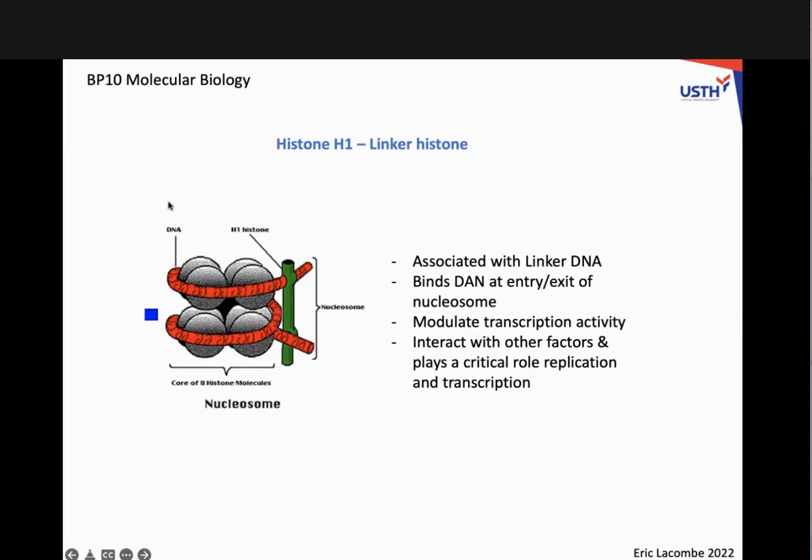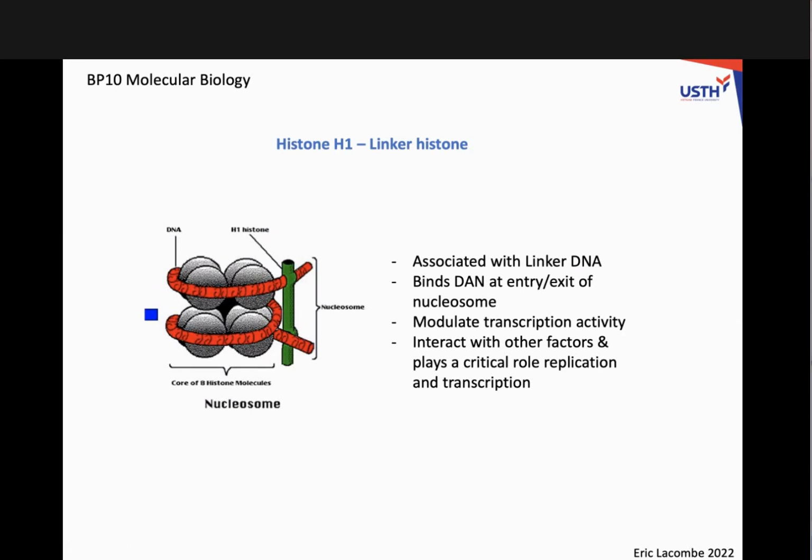What you have to remember is that all the histones composing the core of the nucleosome are very similar to each other and interact with each other, whereas H1 is a very different histone, but participates in the nucleosome formation as well.